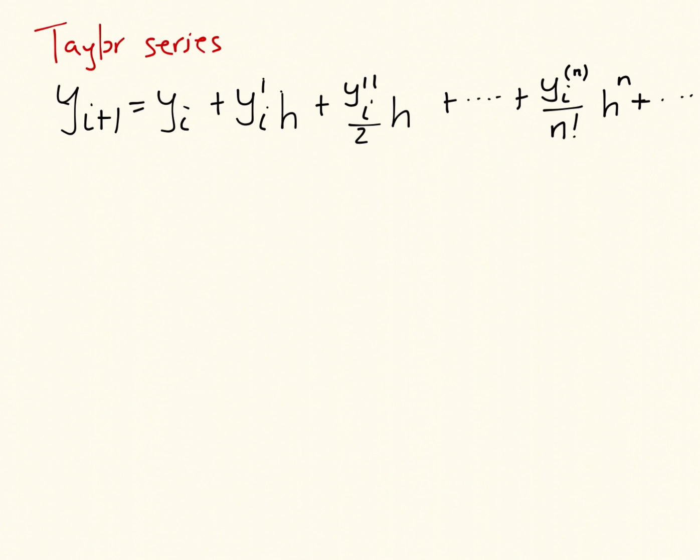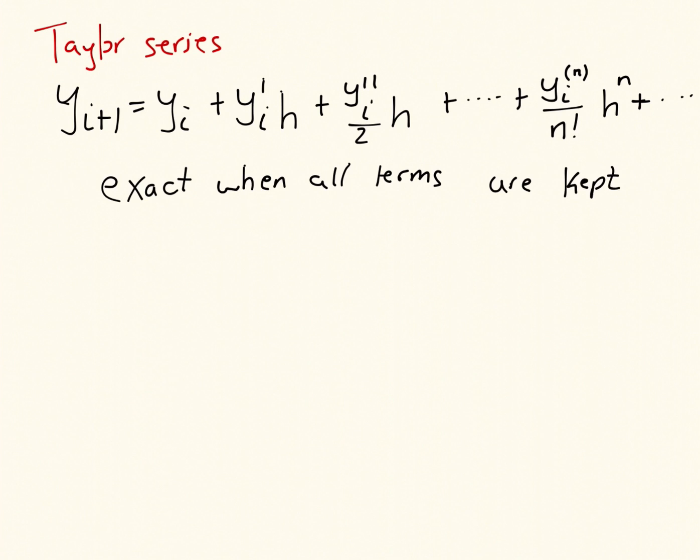The cool thing is if we keep all the terms, the Taylor series is exact. But alternatively, if we truncate the series, then we'll have an approximation to our function, and we'll know how far we are from the exact solution.